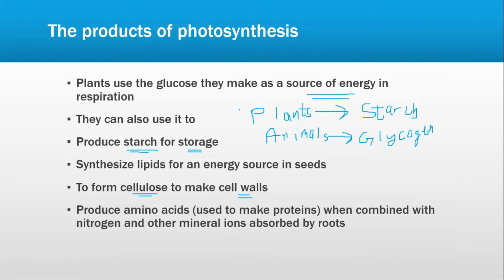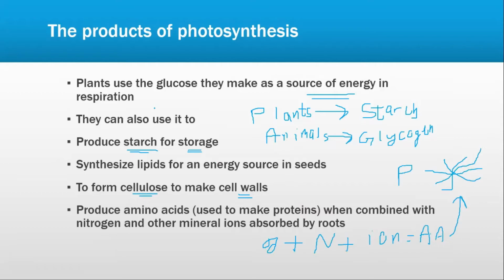Also, glucose can be converted to produce amino acids, which are used to make protein when combined with nitrogen and other mineral ions absorbed by the roots. Of course, when glucose is combined with nitrogen and other ions, it forms amino acids. And those amino acids can further form protein chains.